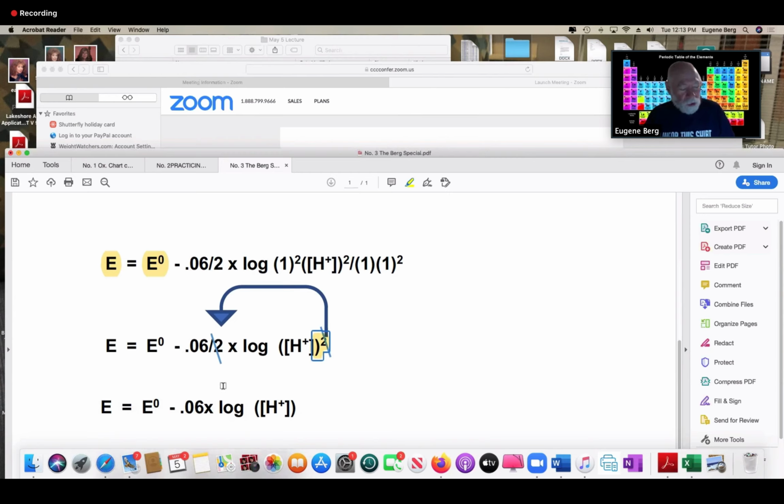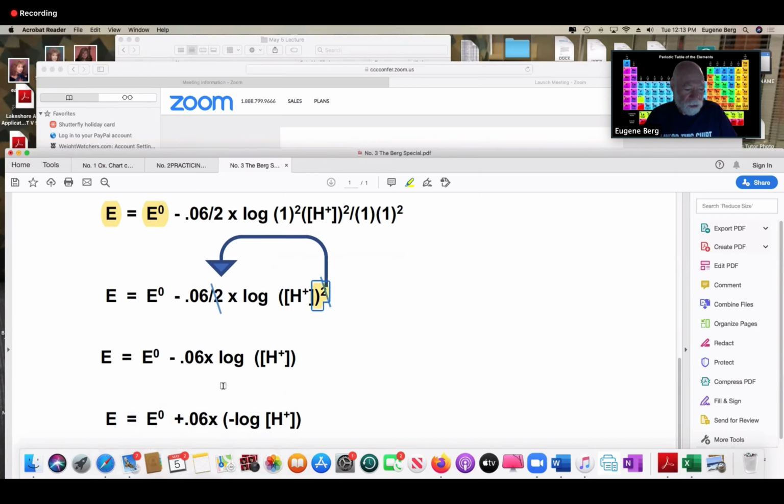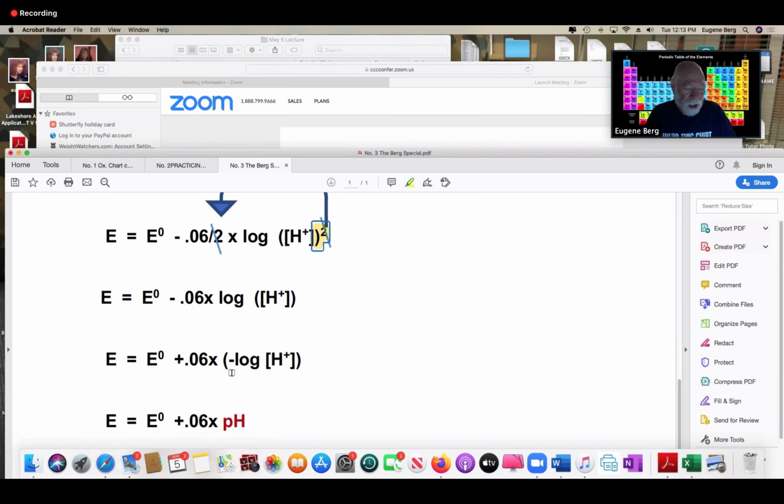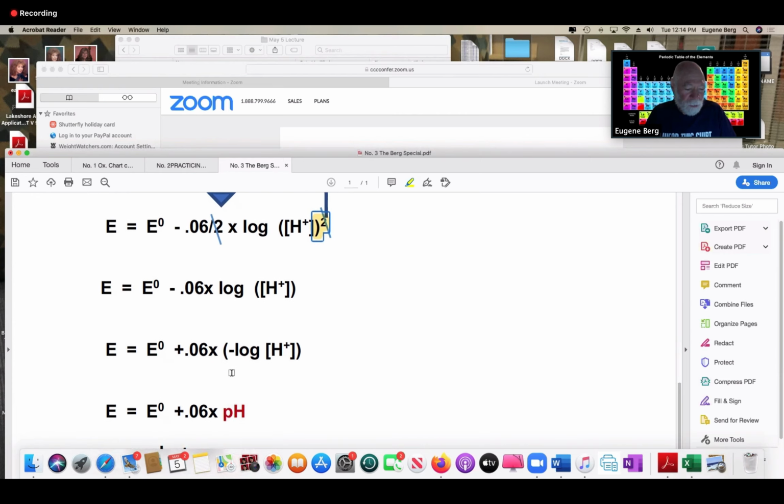Now, I'd like to do a cute little math trick, and it goes like this. You see that negative in front of the 0.06? I'm going to change that to a positive and put the negative in front of the log of the hydrogen concentration. Now, why in the heck would I want to do that? Can you tell me? Because minus the log of the hydrogen concentration happens to be equal to, I marked it in red, pH.